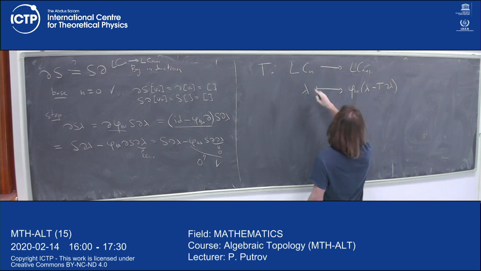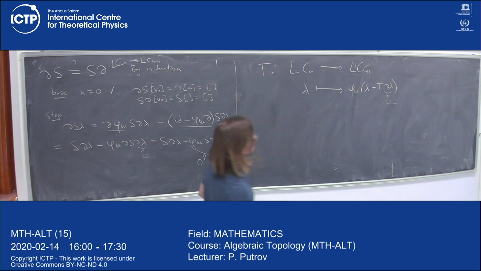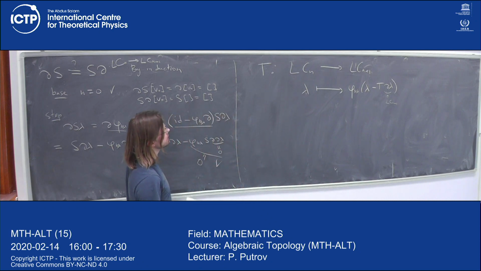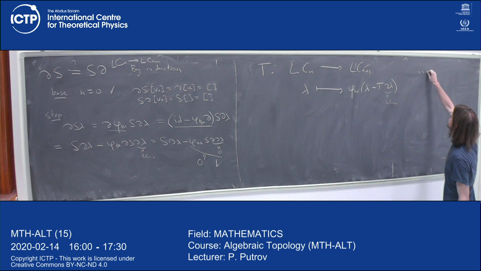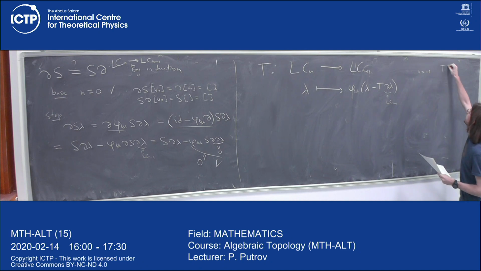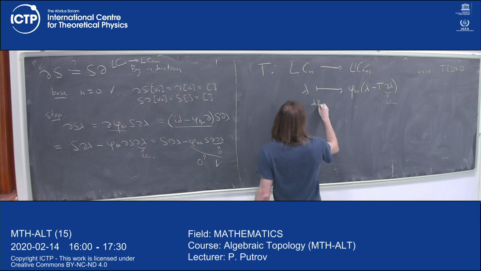Since this is in LC n minus 1, this gives me a recursive definition. Of course, again, I need to define my initial condition. When n equals minus 1, I define t on the empty space. This defines it recursively.